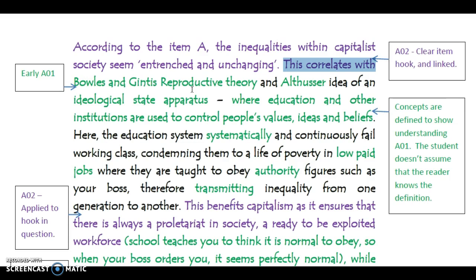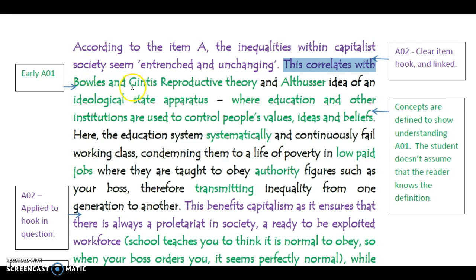Working class students go into school working class and they come out working class. Likewise middle class go in middle class and come out middle class. And they've also attached Althusser, that it's not changing because education is ideological, in that people don't see this inequality, so they don't challenge it.